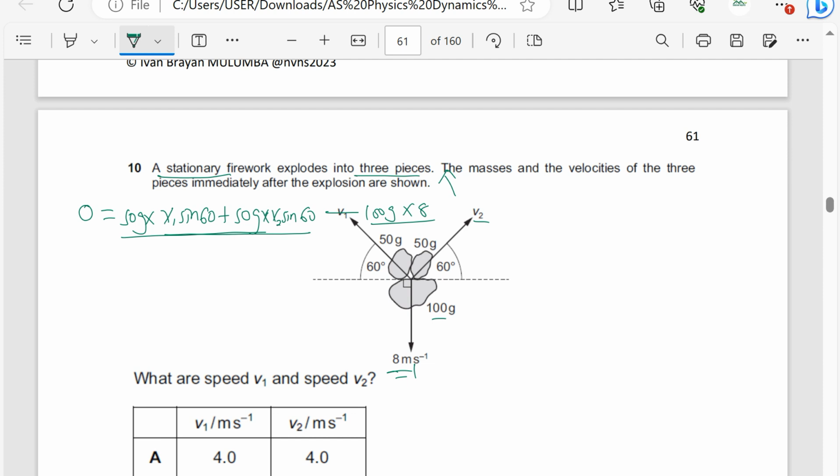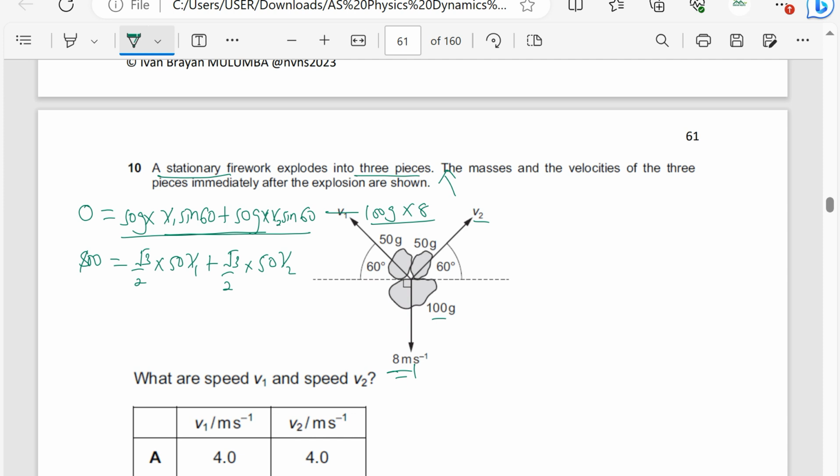g cancels out. And therefore, I would simply say that 800 is equal to, I think sine of 60 is root 3 over 2. So I'll say root 3 over 2 times 50 v1 plus root 3 over 2 times 50 v2.